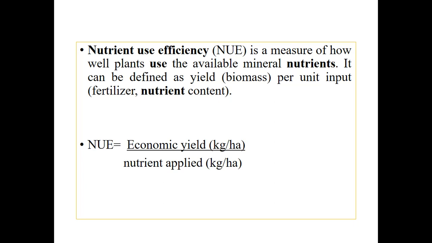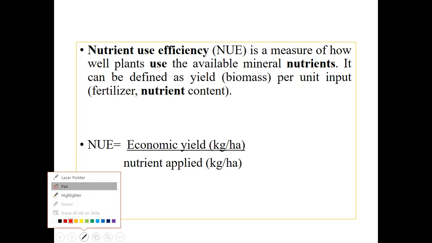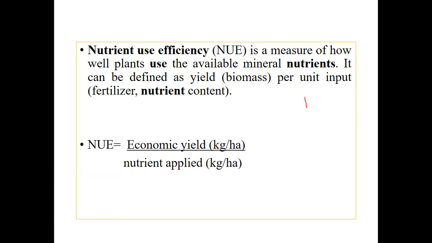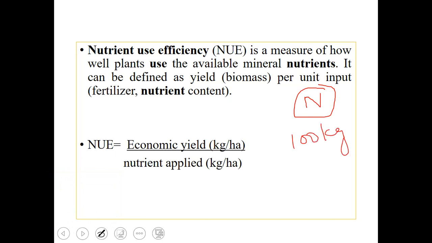Similarly, in plants, nutrient use efficiency is a measure, which we can measure in the field. It measures how well plants use the available mineral nutrient. For example, if 100 kg of nitrogen is present in the soil, will all the 100 kg of nitrogen be utilized by the plant?